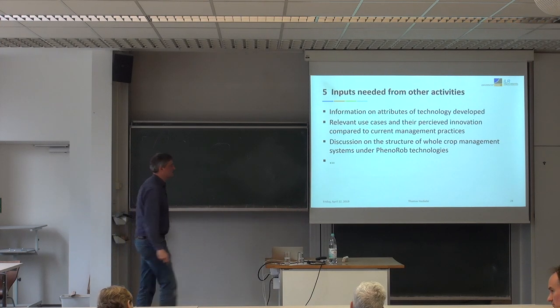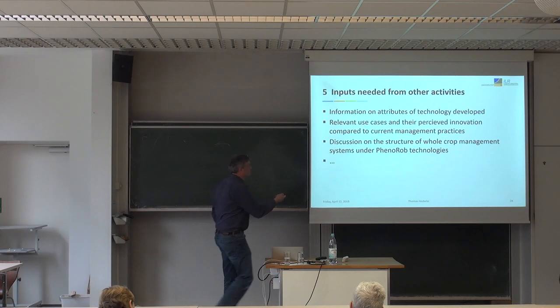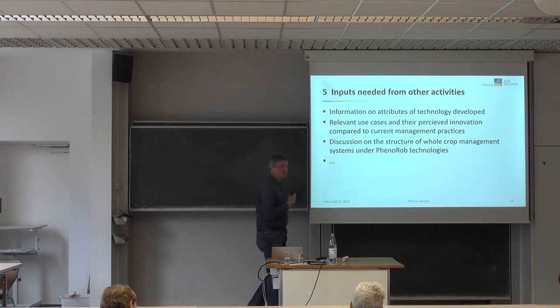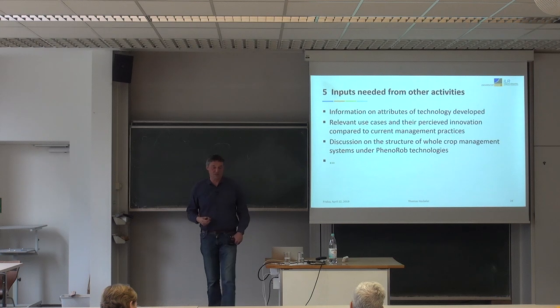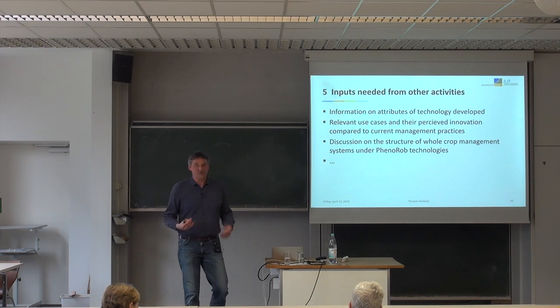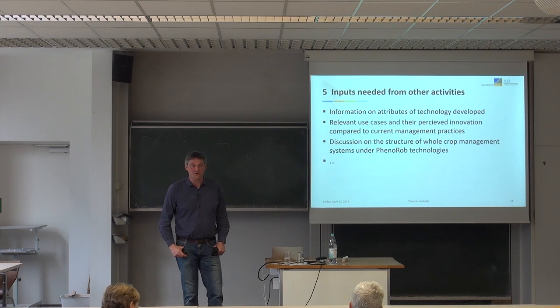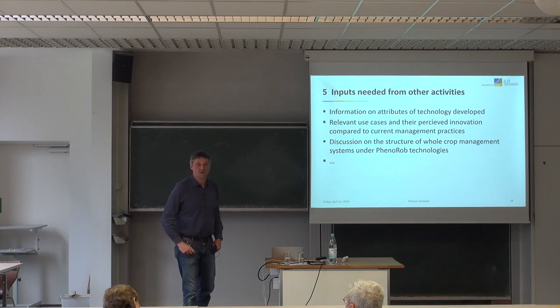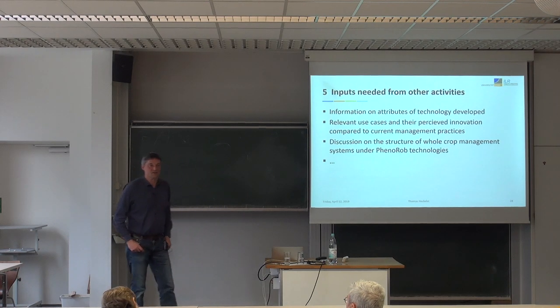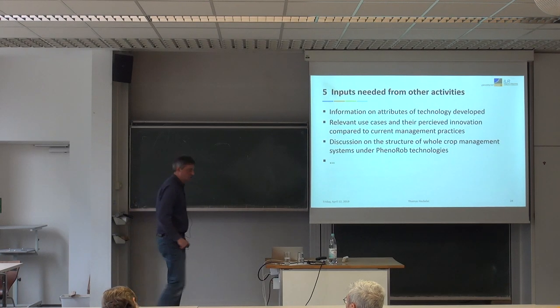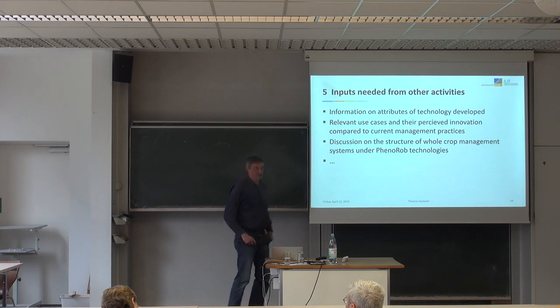So I think this is something we need to find structures for to discuss and move on, because that's ultimately determining what's happening at farm level, but also at regional level. Are there feasible production systems, crop management systems, where this all comes together? And having a working robot alone will not be enough.